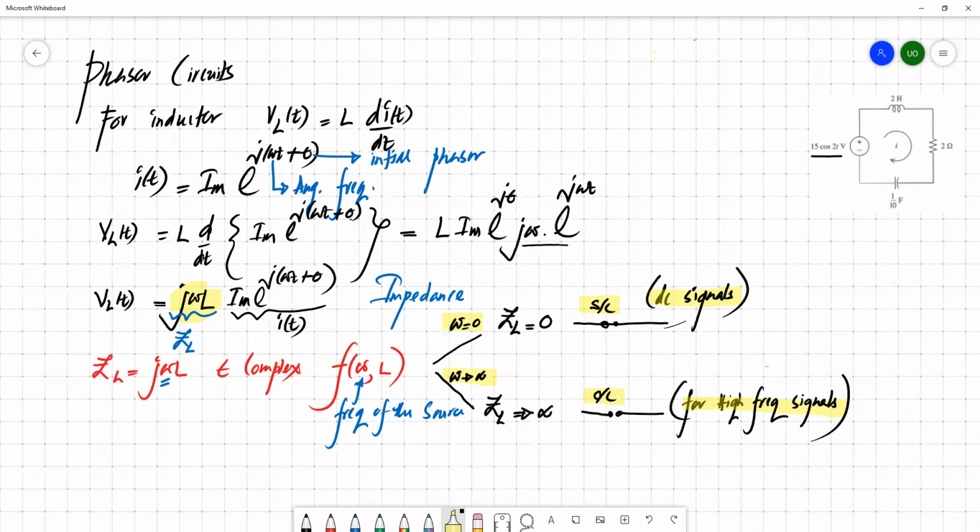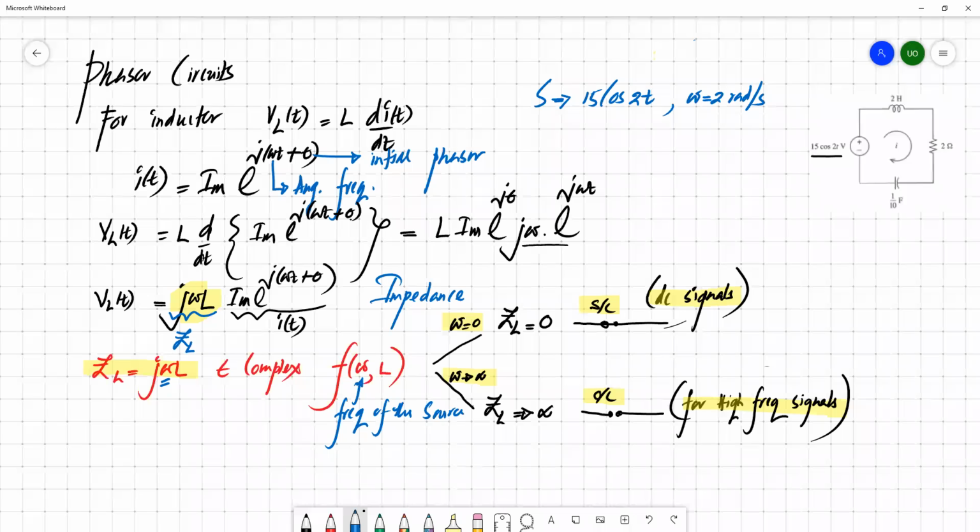So we found that the impedance of the inductor is j omega L. Like a resistor, you can simply replace the inductor with this component if you know the frequency of the source. For example, here the source is 15 cos 2t. From this expression, we can identify that omega is 2 radians per second.